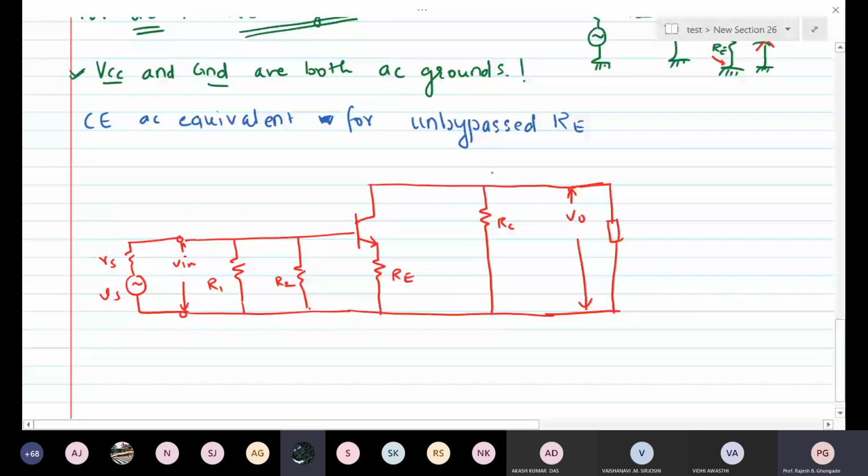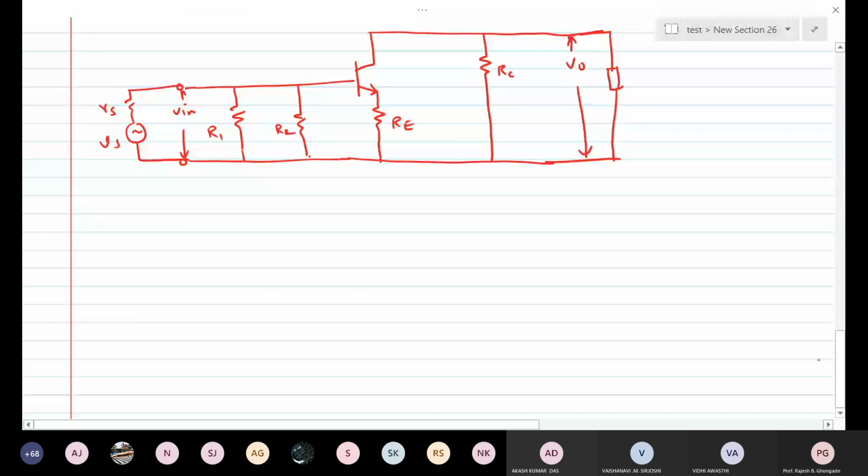Now what we are going to do is another interesting thing, because we want to analyze the circuit. Why are we doing all this? Because your objective is to find out the voltage gain equation and the current gain equation. They are called AV and AI respectively. We are supposed to find out the input impedance, the output impedance and the power gain.